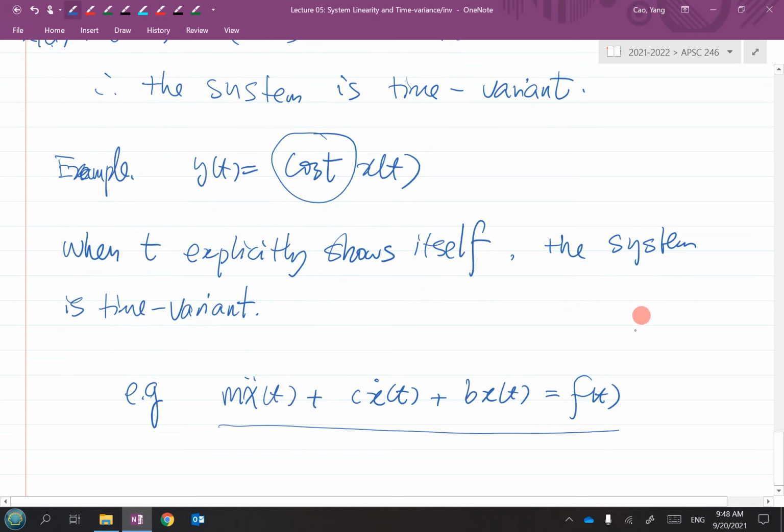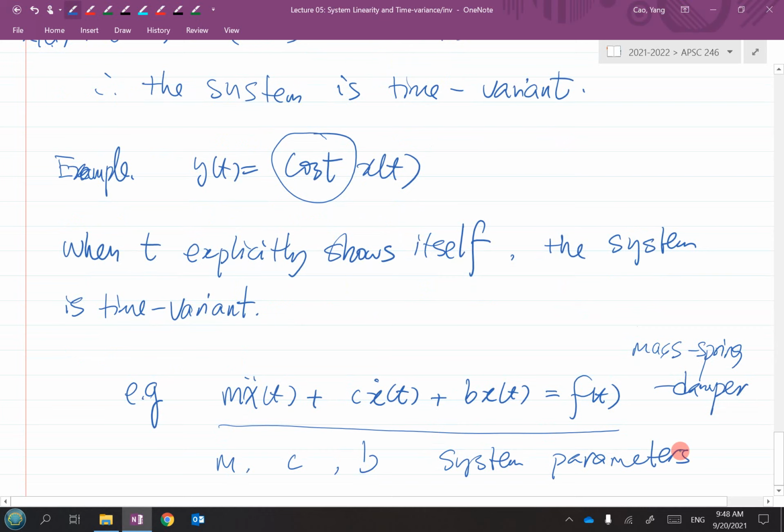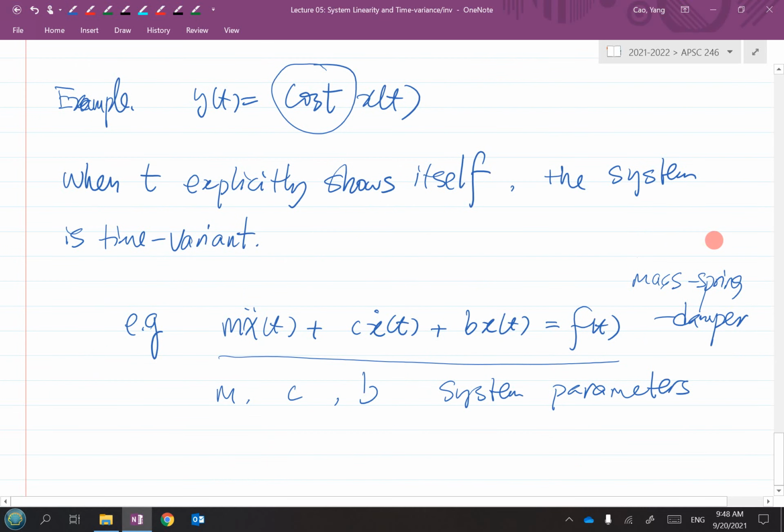So this is a mass-spring-damper system. In writing it here, this M, this C, and this K are called the system parameters. And F is the input, and X is the output.